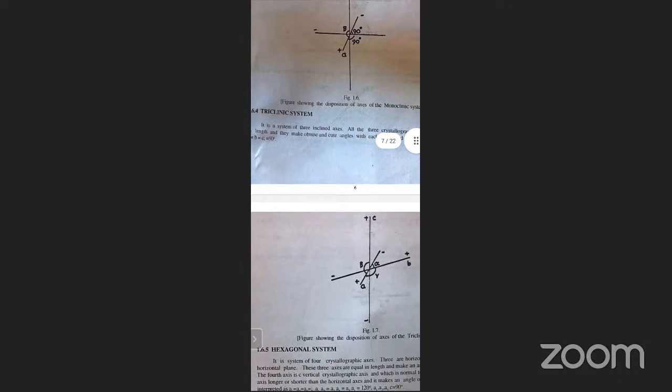Yeah, next one is the triclinic. In a triclinic system, it has three inclined axes. All three crystallographic axes are unequal, and they make oblique and acute angles with each other.